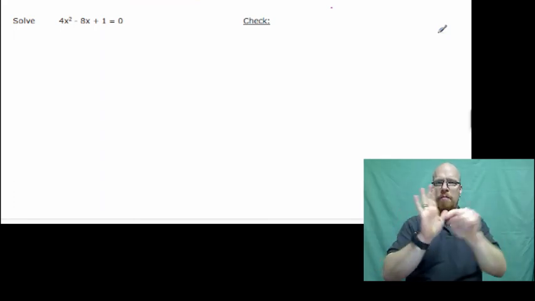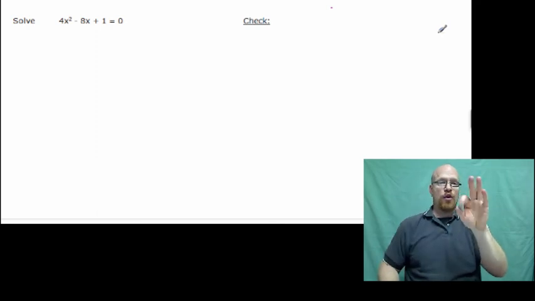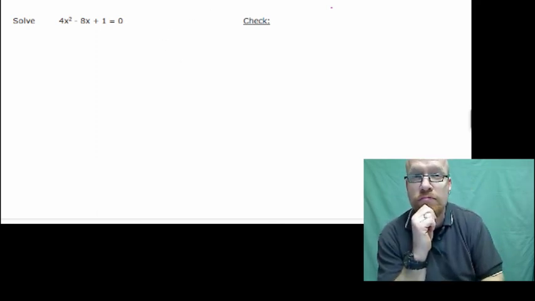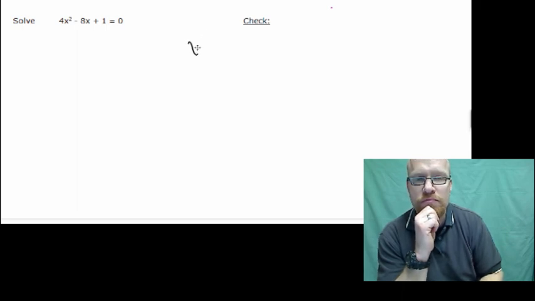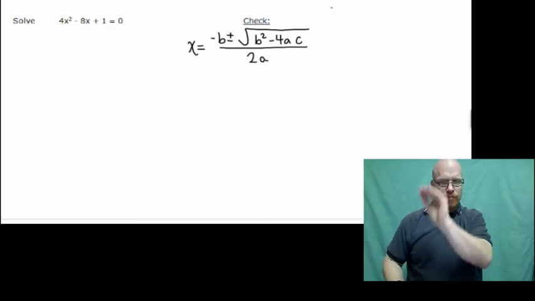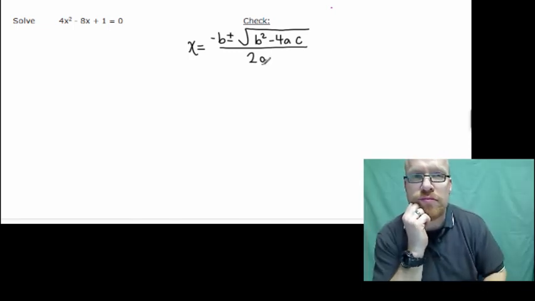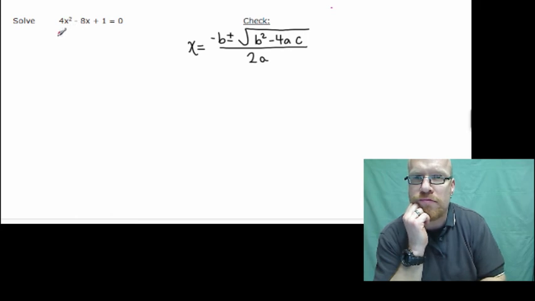Now I have 4x squared minus 8x plus 1 equals 0. It's already in standard form. That's good. Now we can identify our a, b, and c: 4, negative 8, and 1.